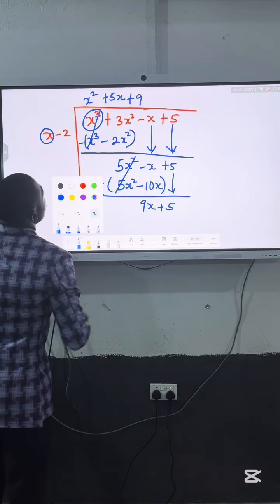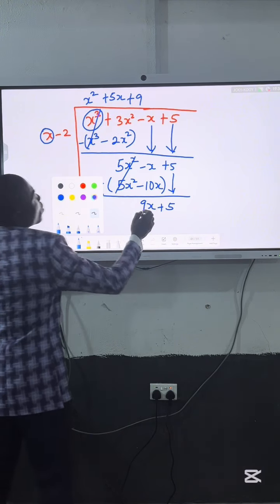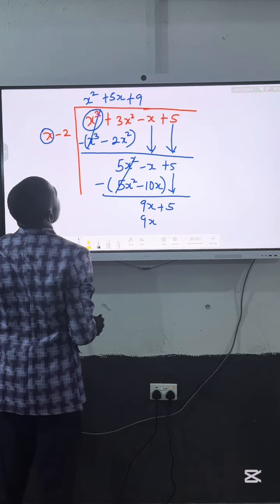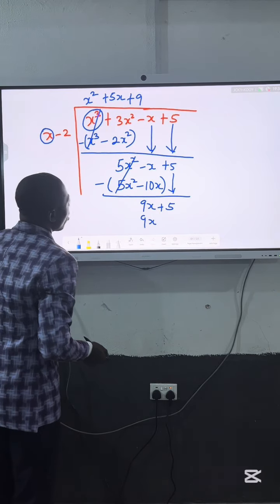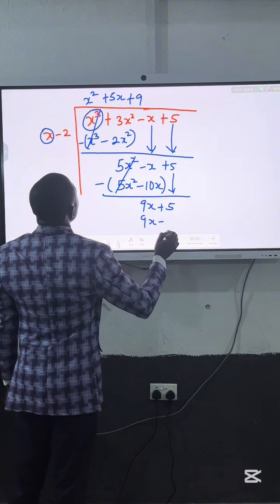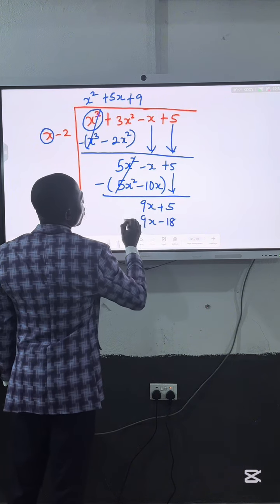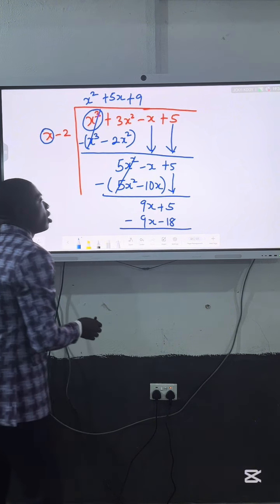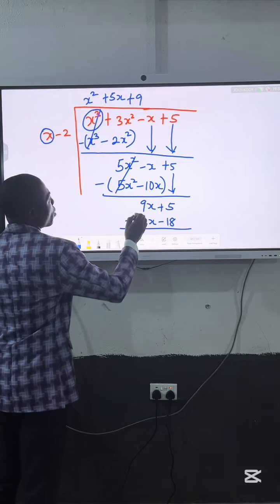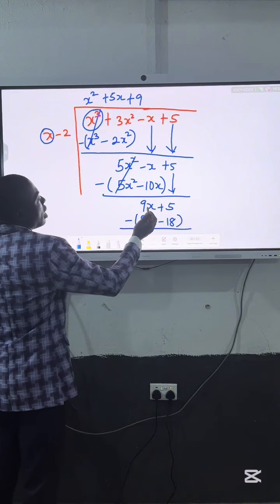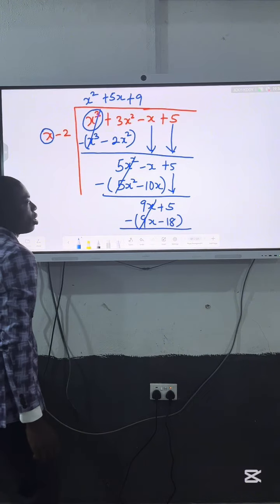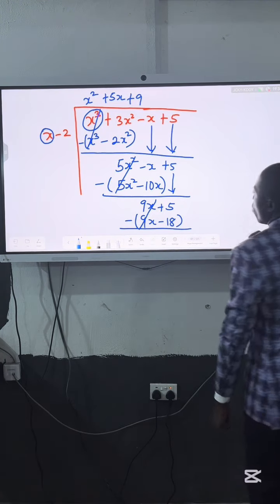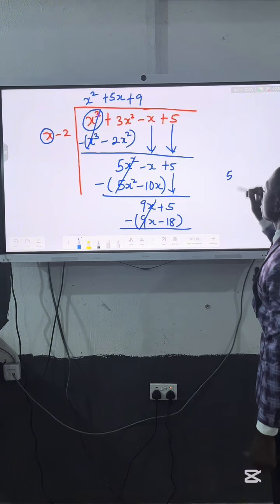Okay, so let's go. So 9 multiplied by x will give you 9x. That 9 multiplied by minus 2 will give you minus 18. So you put your subtraction sign. Okay, so finally subtract. What will happen? 9x minus 9x, this one is gone. So what will now remain will be plus 5, which can be written as 5.